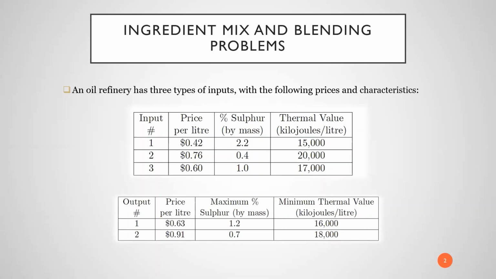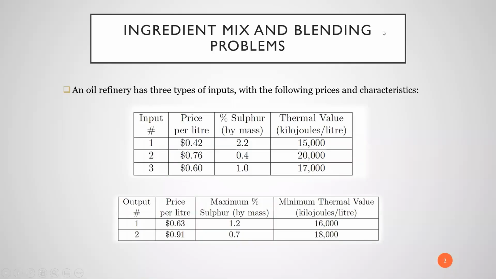For example, regarding the output number 1, we sell it for 63 cents per liter, and its sulfur percentage should not exceed 1.2, and its thermal value should at least be 16,000 kilojoules per liter.